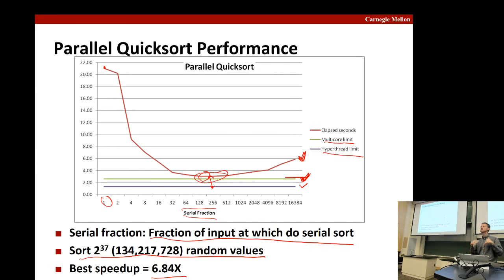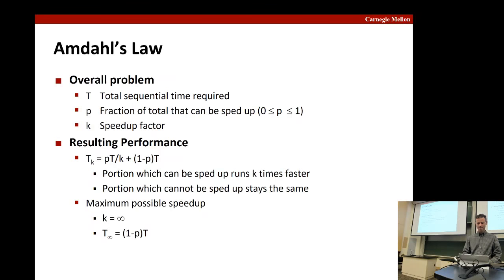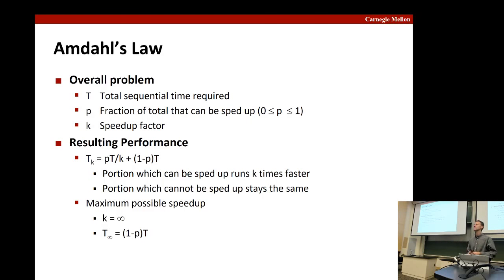That was done serially in this code. Because of that, the overall best speed up you could obtain was limited. And the way we think about that is something that's known as Amdahl's law.